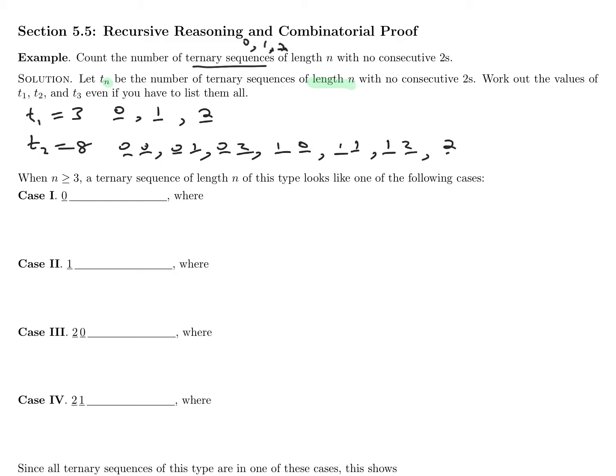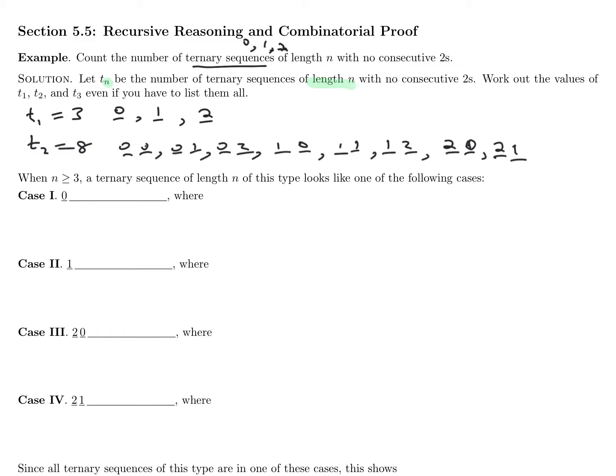And you could have 2 0 and 2 1. The only sequence of length 2 you can't have is just the two 2's in a row. So it's all but that, and T2 will be 8.